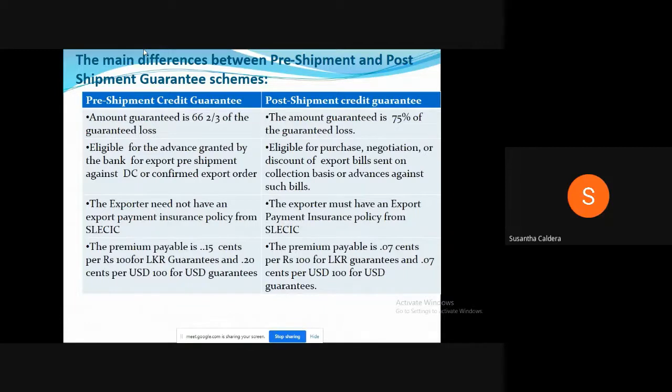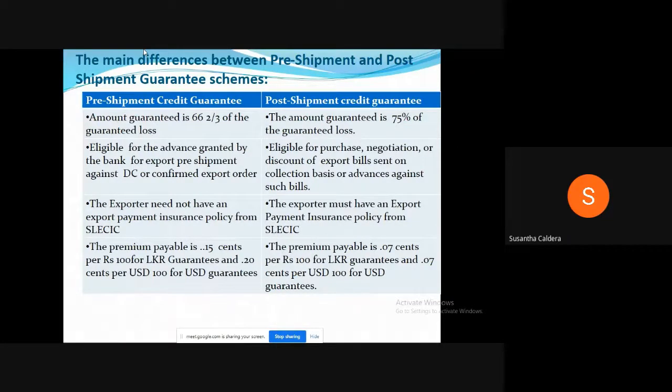The premium payable, just see the premium. Premium payable is 15 cents per rupees 1,000. Again, 15 cents divided by rupees 100, so the rate is 0.0015.